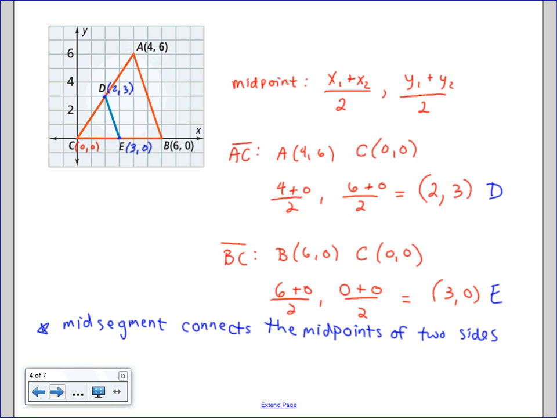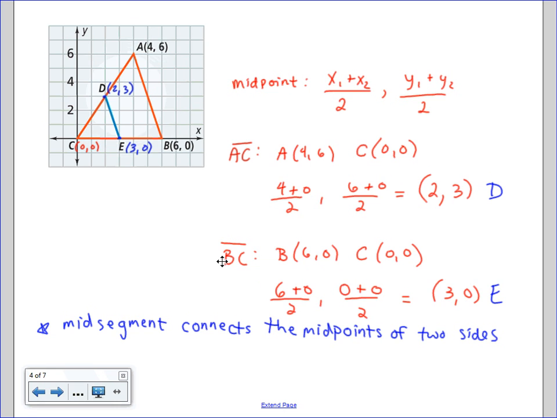It's the segment that connects the midpoints of two sides of a triangle. So there are other midsegments in this triangle that are not drawn. There is no midpoint labeled for the line segment AB, but if we were to put one, it looks like it would be about here. We could draw another midsegment there and another midsegment there. So there's actually 3 midsegments inside of every triangle. I'm going to get rid of those just so that they don't confuse the work that we're doing here.